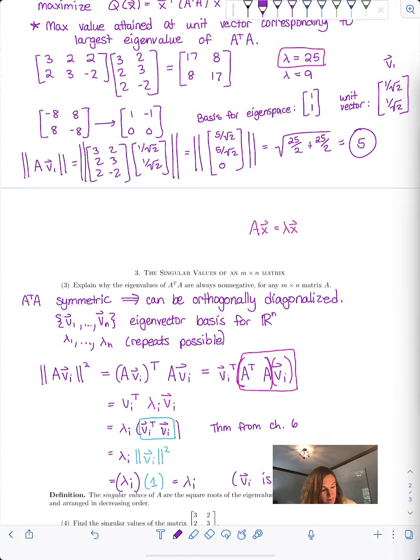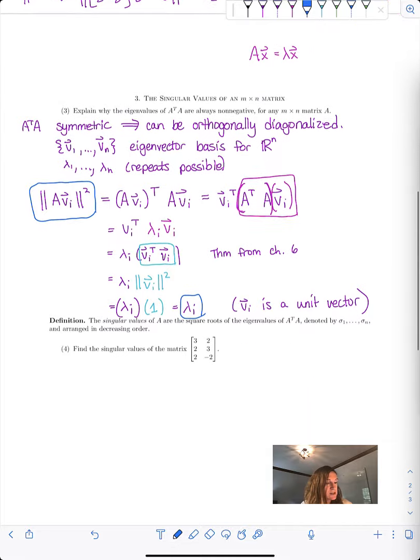Unit vector meaning length 1. But now look at what we have. We have the square of a number equals our eigenvalue. If our eigenvalue is the square of something, it can't be a negative number. So that's how we know that our eigenvalues all must be non-negative.